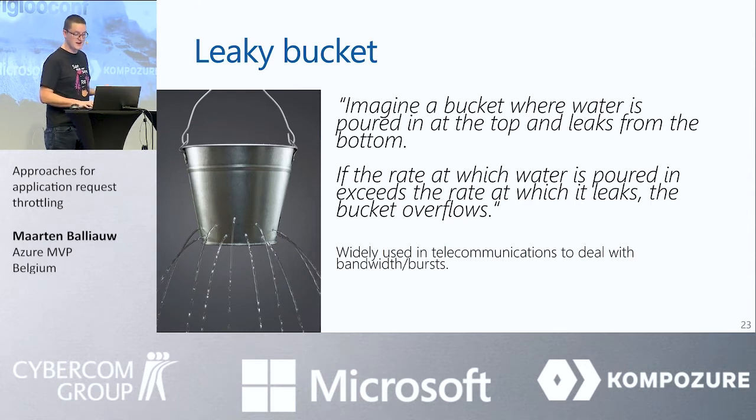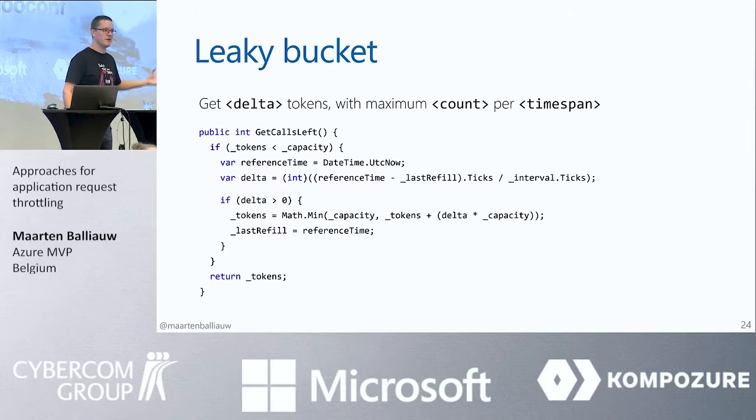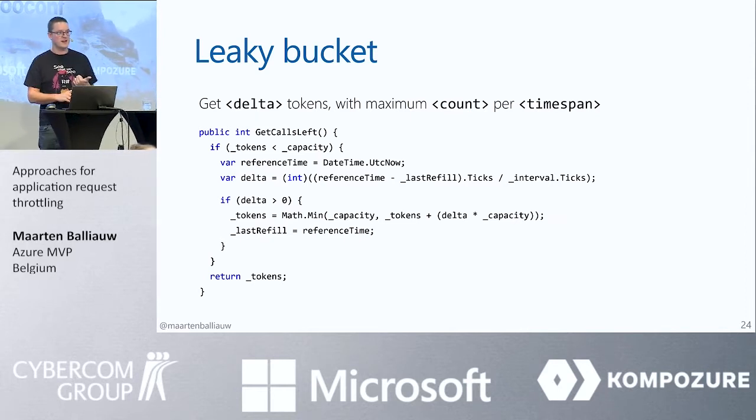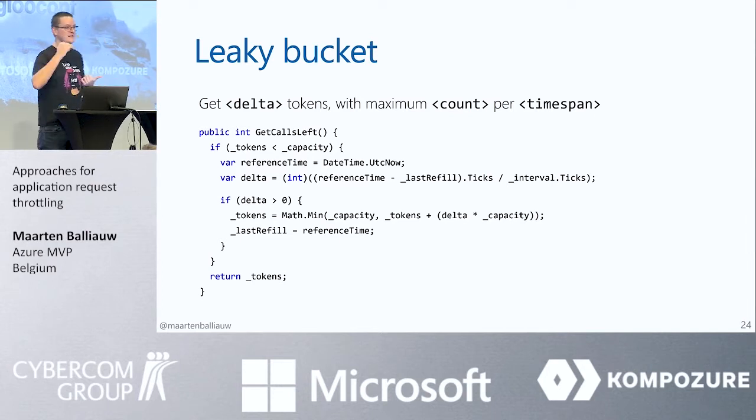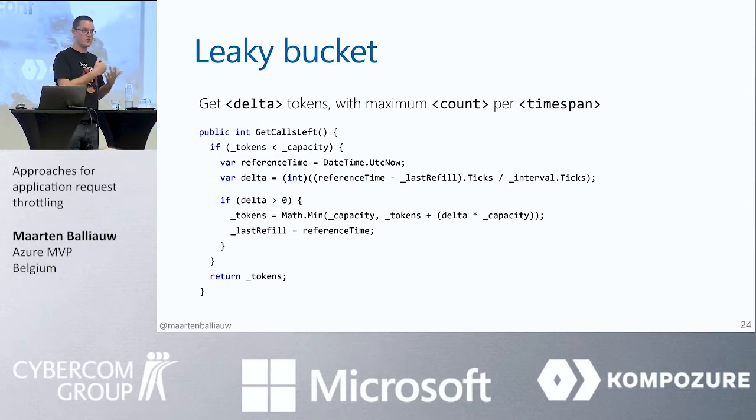The thing with that is that you have to track a couple of things. So a very simple, very naive implementation of a bucket algorithm could be I store the number of tokens that I still have or the number of capacity that I still have in my buckets. I store my capacity of my buckets, and I store when it was last replenished or when it was last flown out.